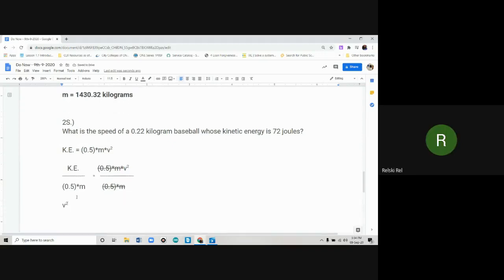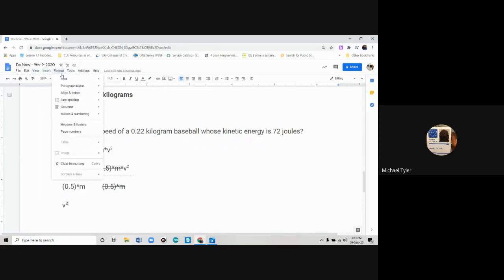And now I have to rewrite the equation because it changes now, right? So it becomes equal to what we have here, which is KE divided by the 0.5 times the mass. So let me write that out for you.